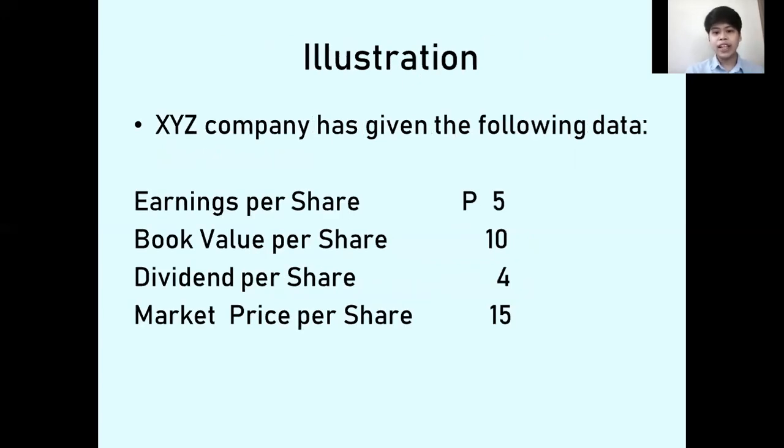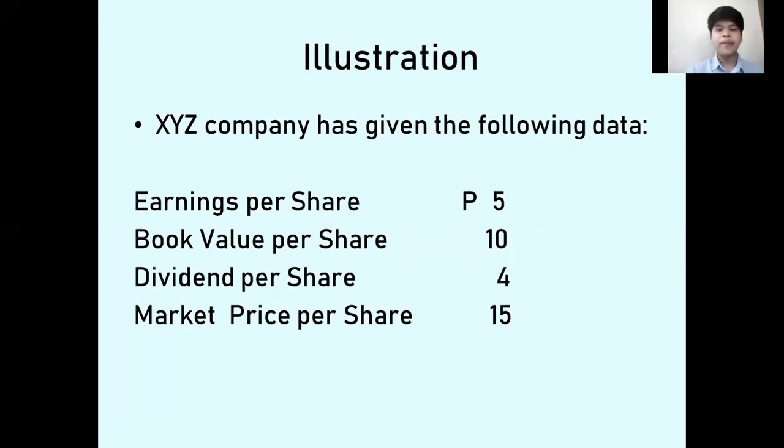So for the illustration, XYZ company has given the following data. So kung napapansin nyo, yung 4 na given, ito yung mga nasa formulas kanina. So kung isipin nyo, we're just comparing them one and then one over the other.